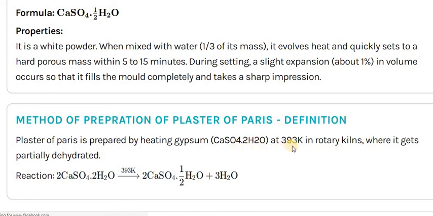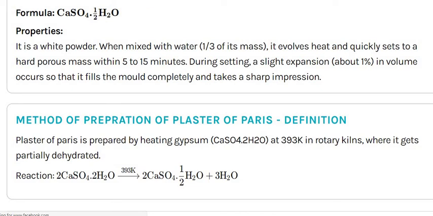At 393 Kelvin in rotary kilns it gets partially dehydrated and forms calcium sulfate hemihydrate. Here you can see the reaction: CaSO4·2H2O, that's gypsum, is heated at 393 Kelvin to get calcium sulfate hemihydrate, which is known as plaster of Paris.